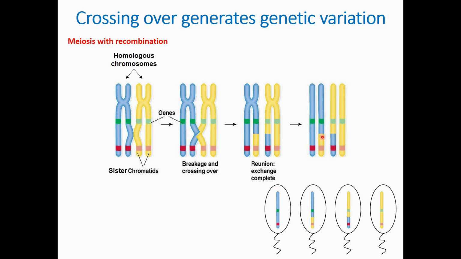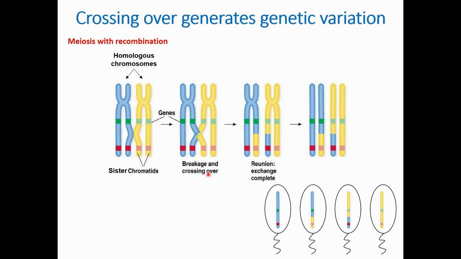And in these chromatids, the genetic information is no longer the same. It's not the same because this allele of this gene here now is in the same chromosome with another allele that it did not used to be with. And the gametes that we will end up having will be different, therefore, and they will have a new type of genotype in them compared to the previous scenario.